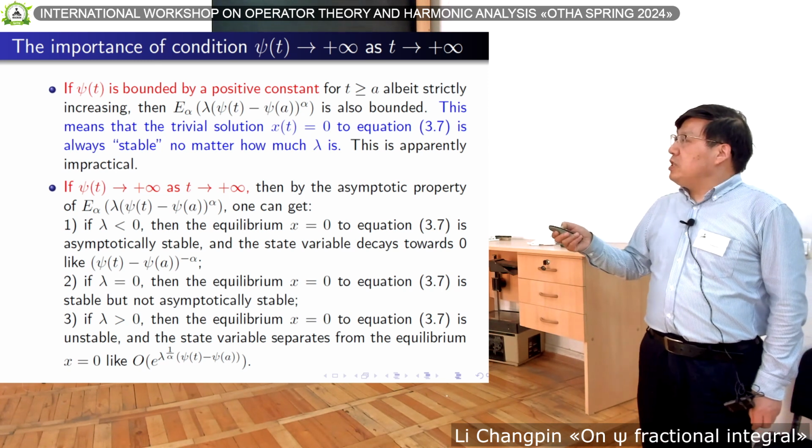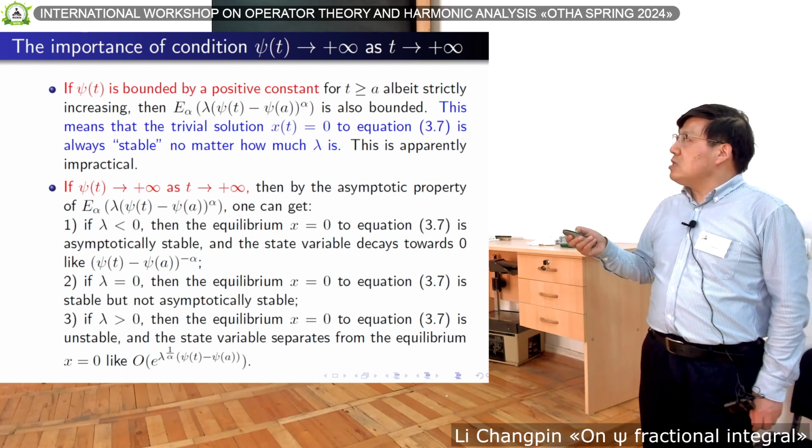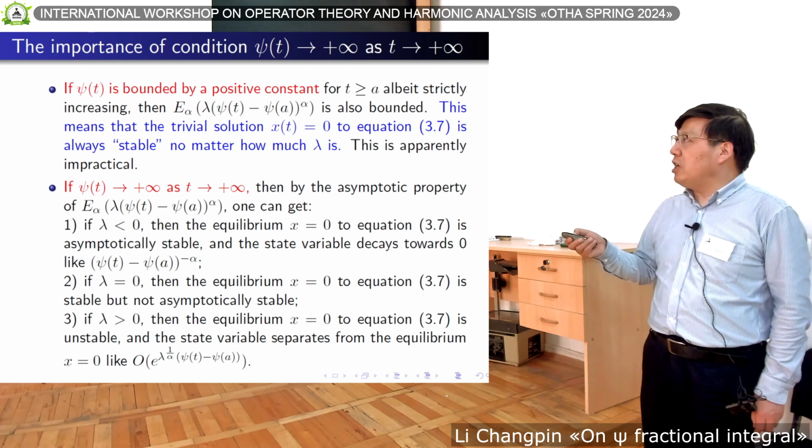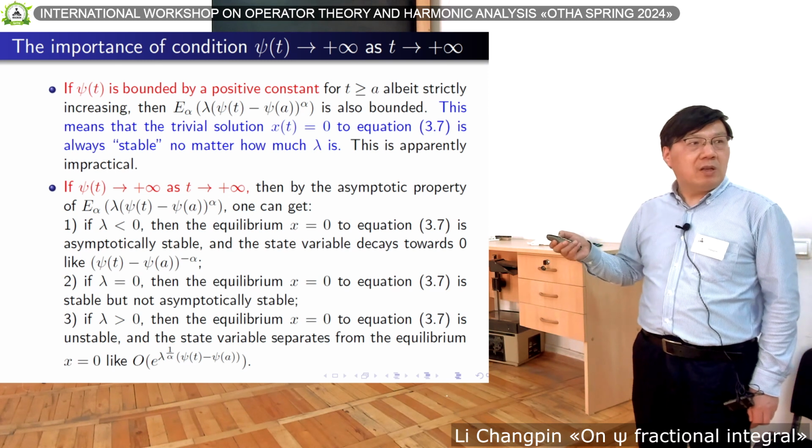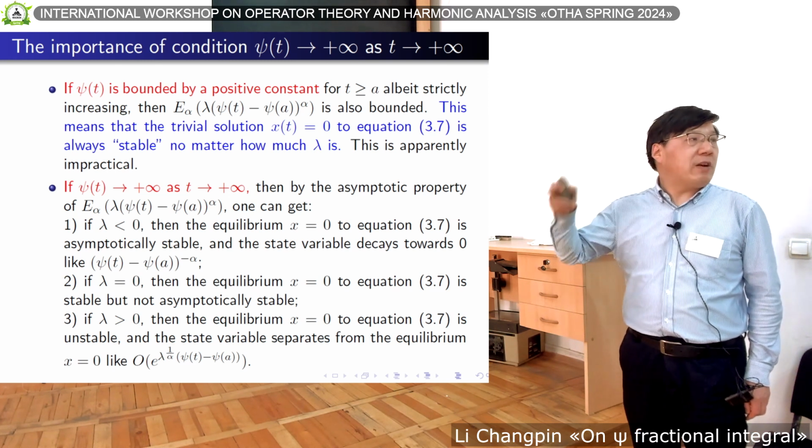If you impose the condition, then for lambda negative, the solution is asymptotically stable, and the state variable decays like this, t to the minus alpha. In the above case, it was minus alpha minus 1.